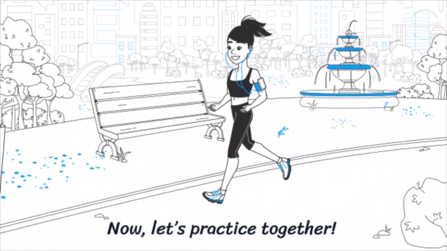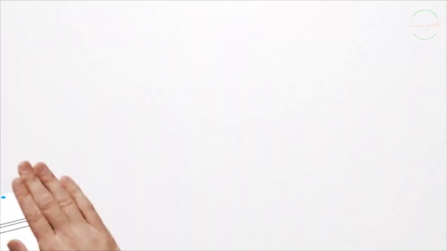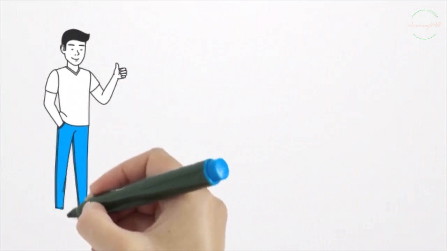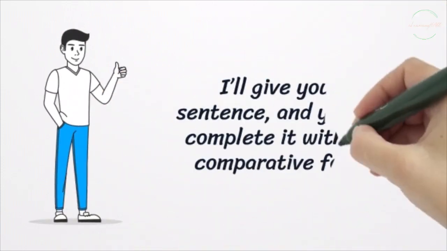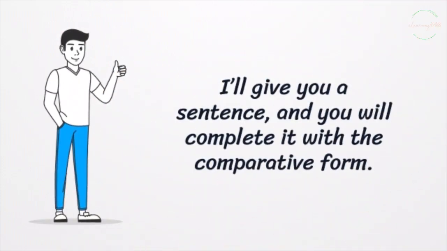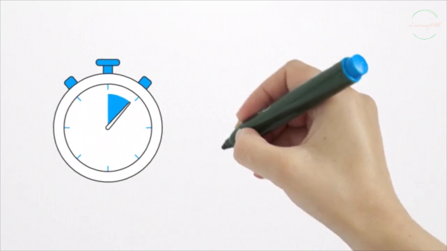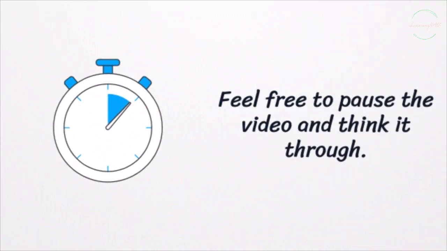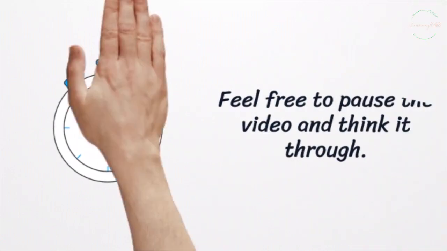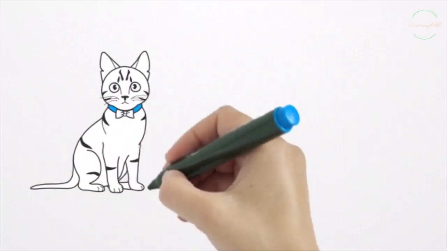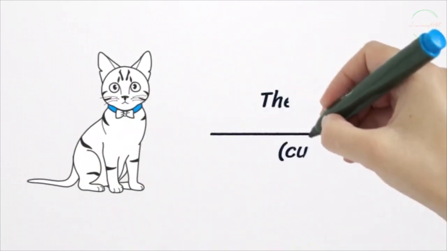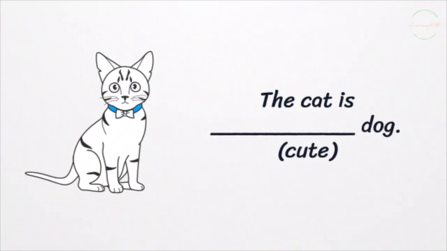Now, let's practice together. I'll give you a sentence, and you will complete it with the comparative form. Feel free to pause the video and think it through. The cat is ___ than the dog, cute.